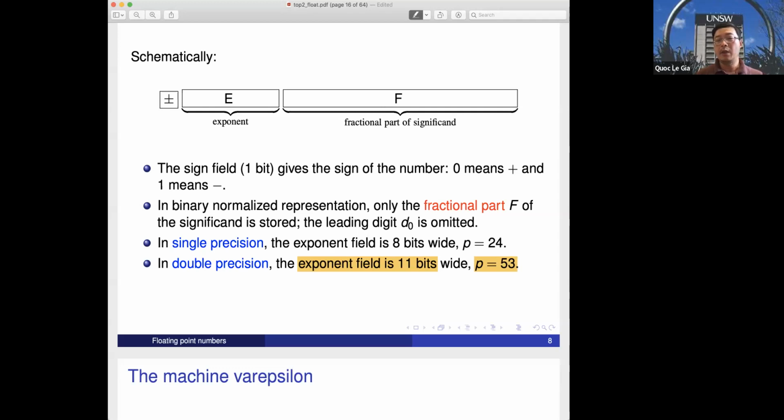So 2,048 choices of exponent. But if you want a negative exponent and a positive exponent, then roughly it has to go from minus 1024 to plus 1024.